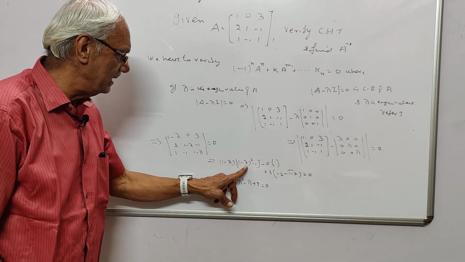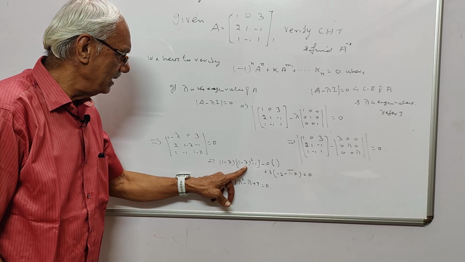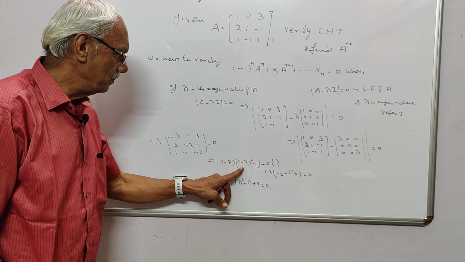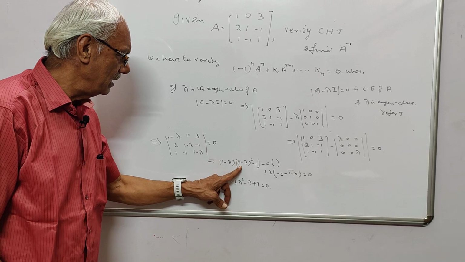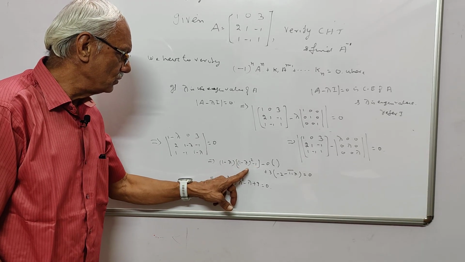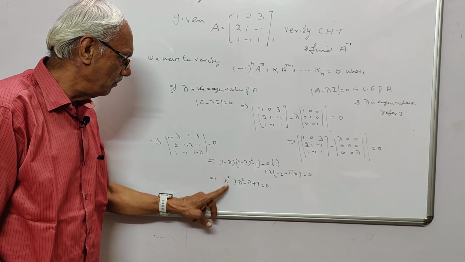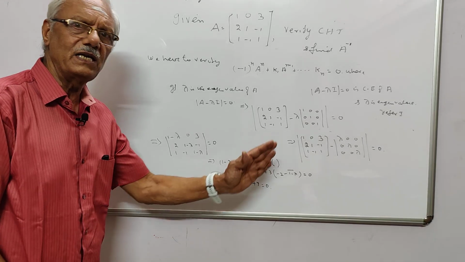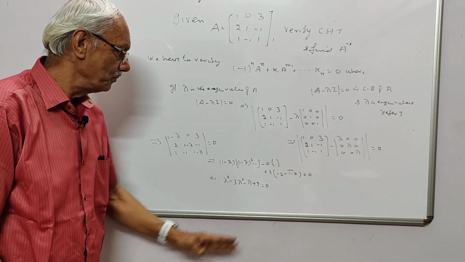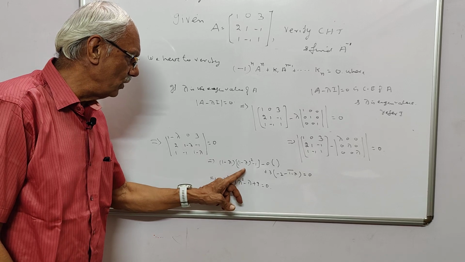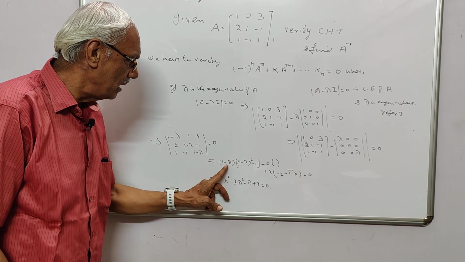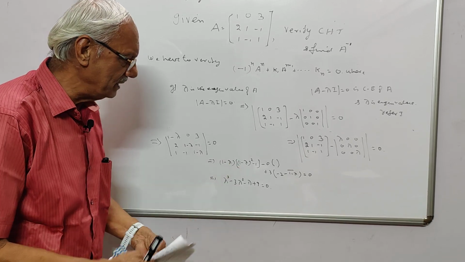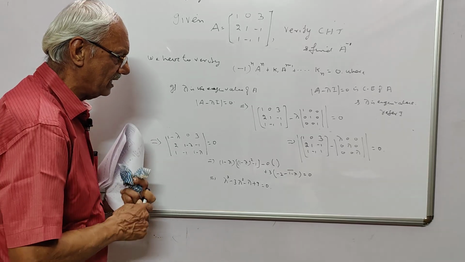For example, this will be lambda squared minus 2 lambda plus 1, and minus 1 will go off. So you see here lambda squared minus lambda cubed. So I will throw out the minus sign, don't worry about that. Then if you go for a simplification, multiply this and this. That means I will write one more step so that you can understand.